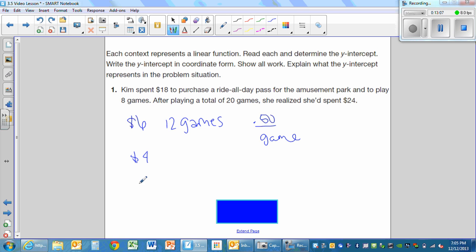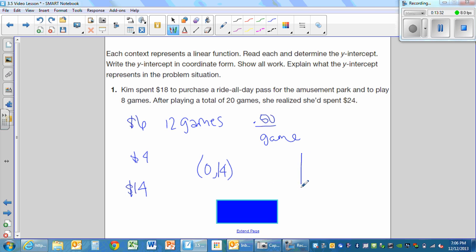So if I take the original price of $18 and I subtract off the $4 for the games, I get a total of $14. So if she played 0 games, it cost her $14. So that would be your y-intercept.